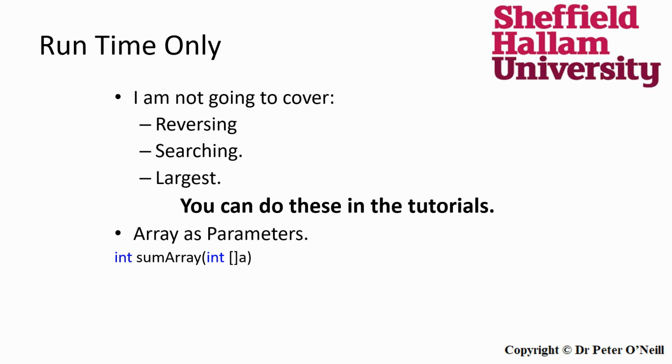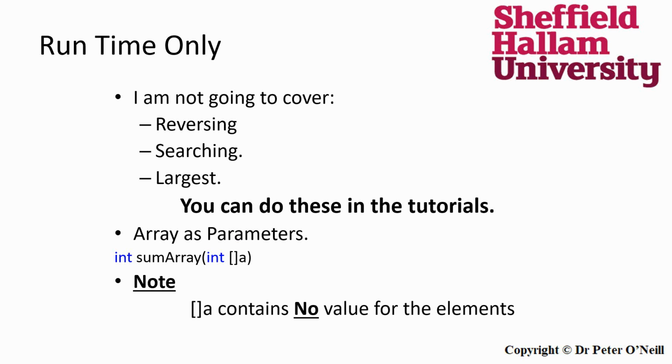Now notice we're telling it the type, and our open and close brackets with no number in it means send the complete array, and this is what the array is called in this method. Now it could be different to what it's called in the main method. Okay? So you can change it.